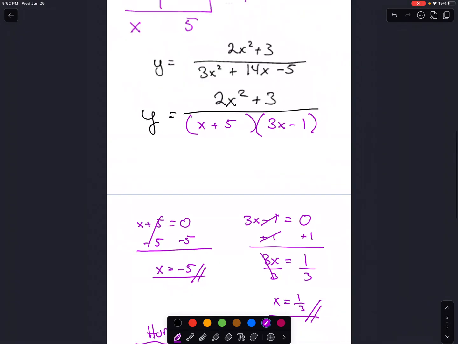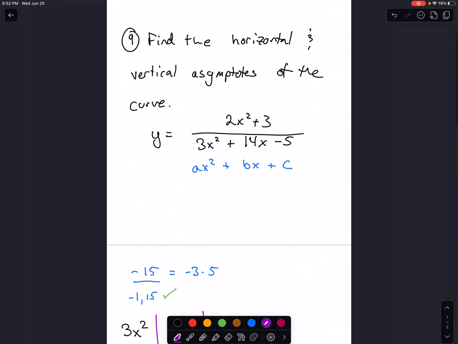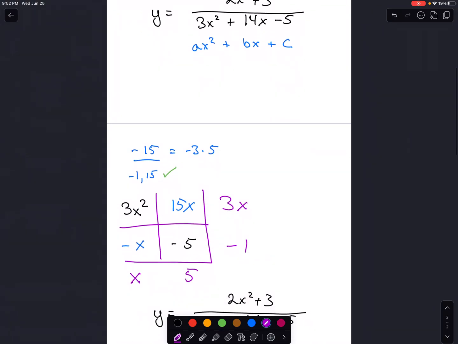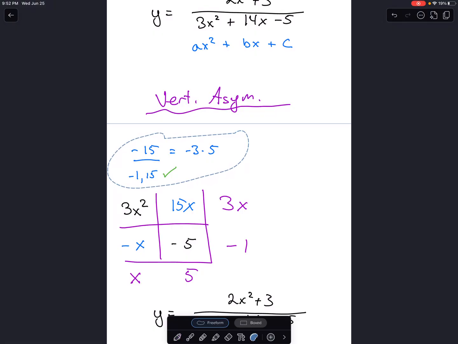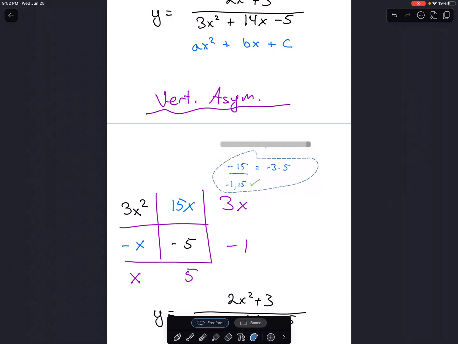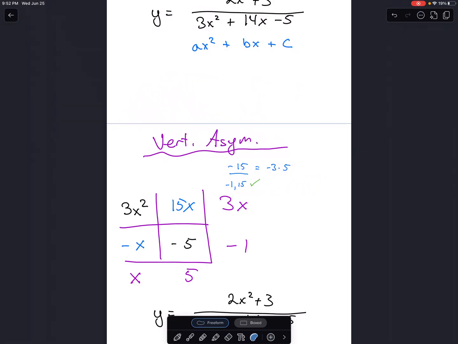And this, let me label this as well. This was our vertical asymptote. I'm gonna move this over, shrink it down a little bit. I don't know why I got translucent, but okay.